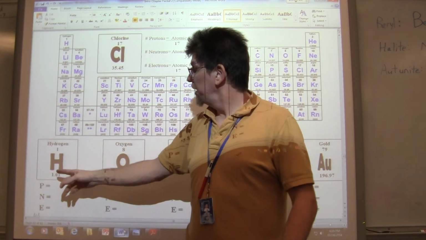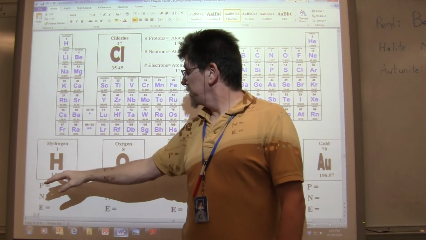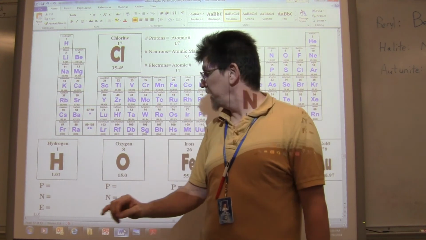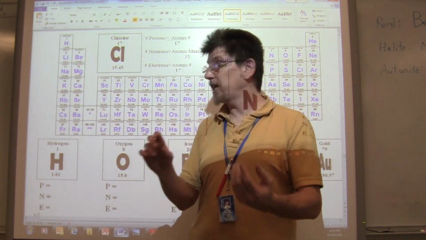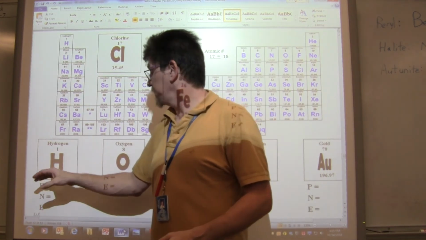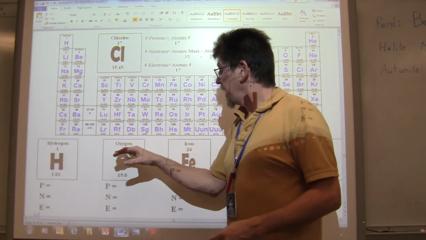Atomic mass is 1.01, rounded to 1. 1 minus 1 is 0. This means that some hydrogens actually have a neutron. About 1 out of every 100 hydrogen atoms have an atomic mass of 2. So when we average it all in, we get 1.01.